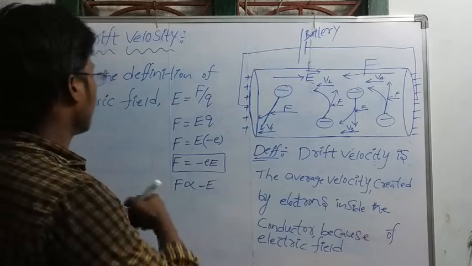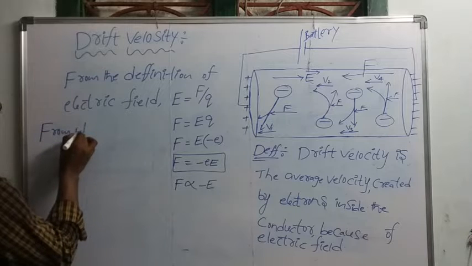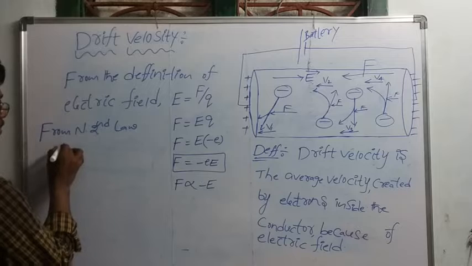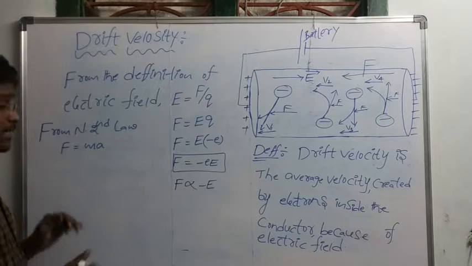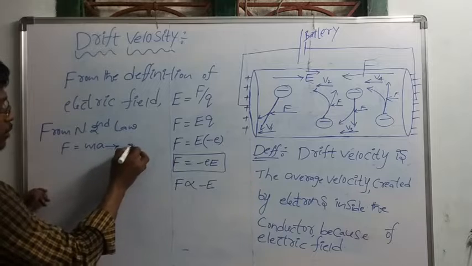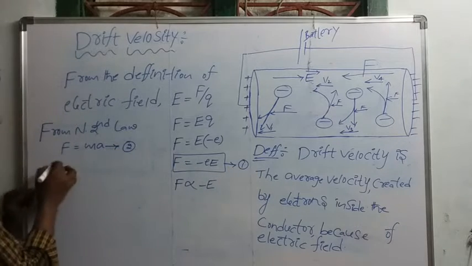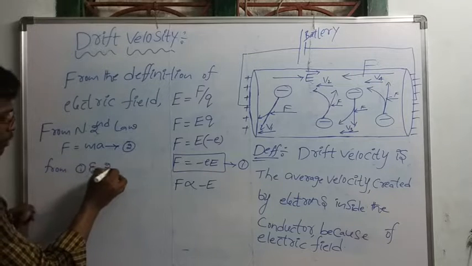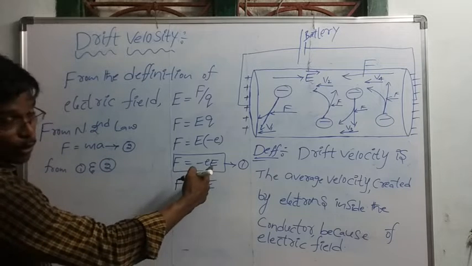Newton's second law. What is Newton's second law? F is equal to ma. Please give this expression as number 2. Here you can give equation 1. From 1 and 2, the LHS F is equal to ma, and F is equal to minus eE.